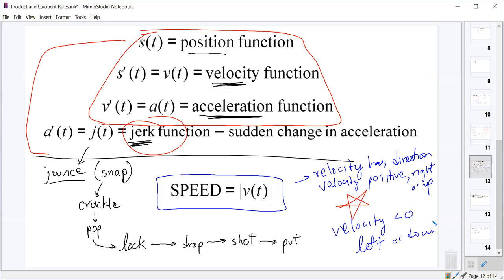But speed is the absolute value of velocity. Speed has no direction to it. So I could be walking forwards at 5 miles an hour. I could be walking backwards at 5 miles an hour. And the velocity would be different, but the speed would be unchanged. Okay. So speed is the absolute value of velocity. Very important. Everybody good with that?